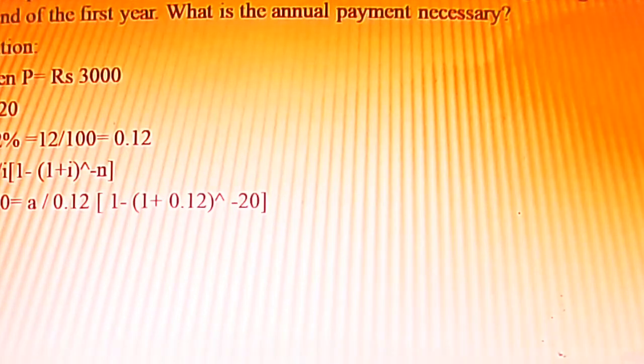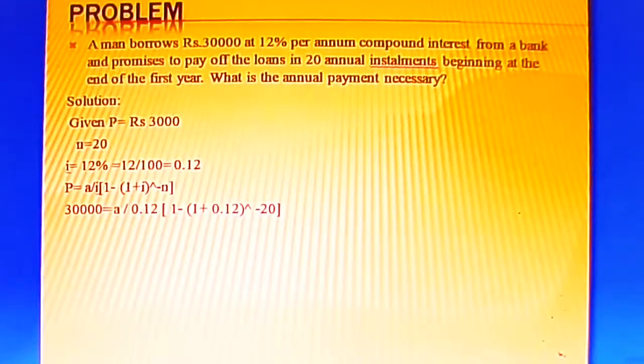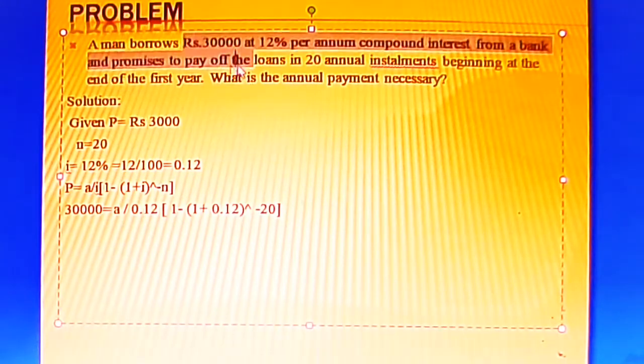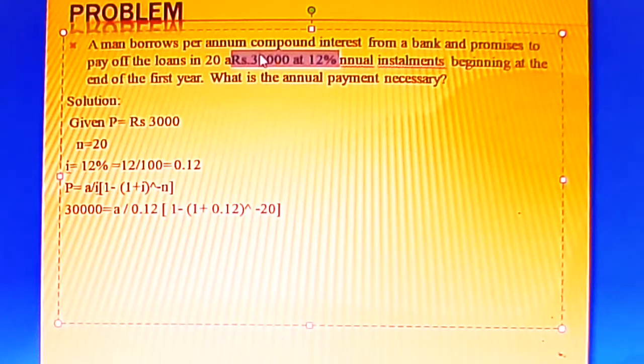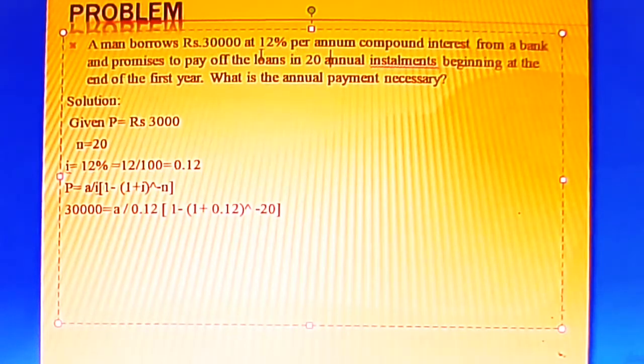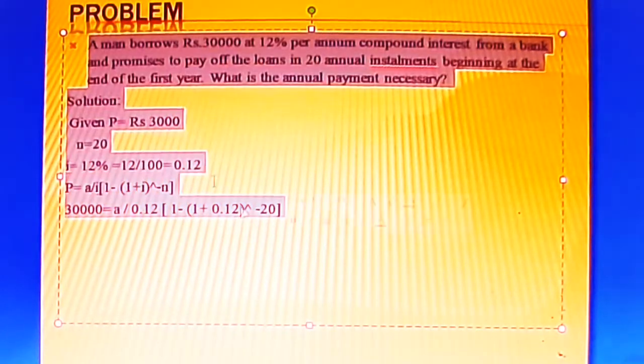The example: a man borrows rupees 30,000 at 12% per annum compound interest from a bank. This is the given question.